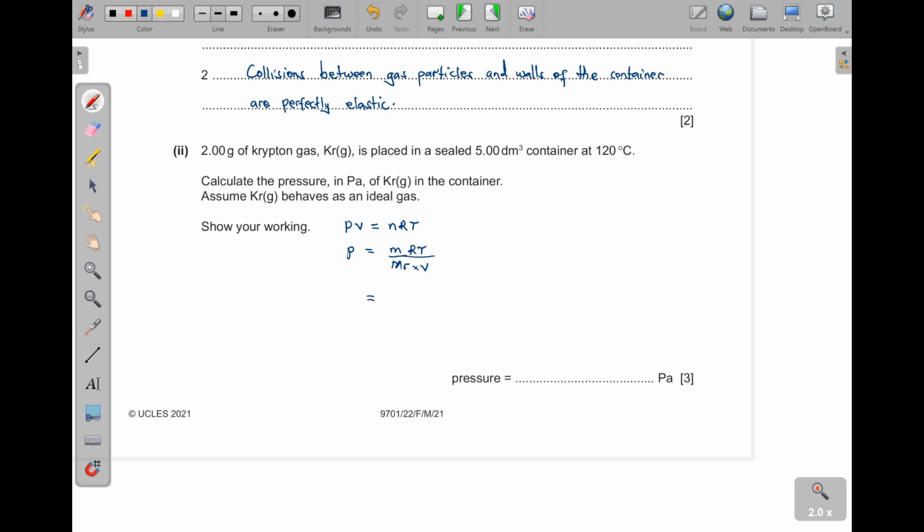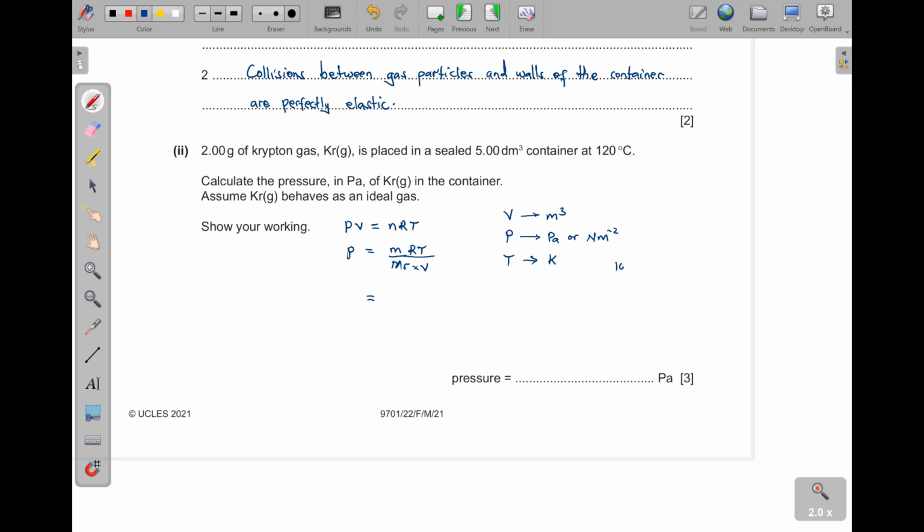But in here, volume must be in meters cubed if pressure is in pascals or Newton per meter squared. Remember, pressure is force over area, so this is newtons, and this is meter squared. That's why it is Newton per meter squared, okay? Then temperature has to be in kelvins.